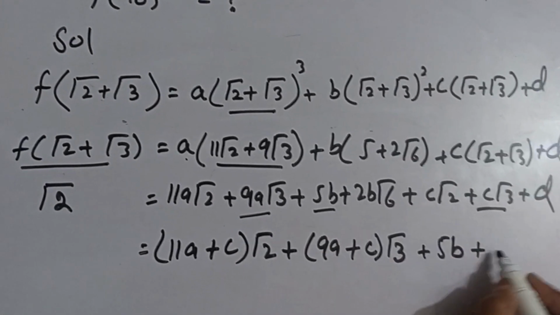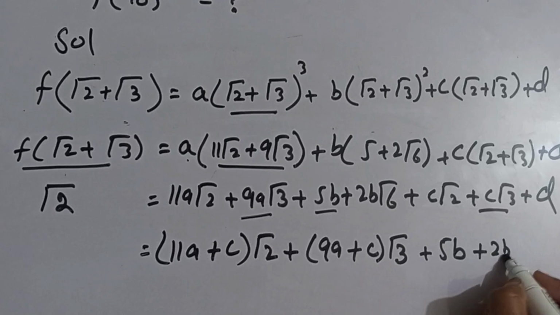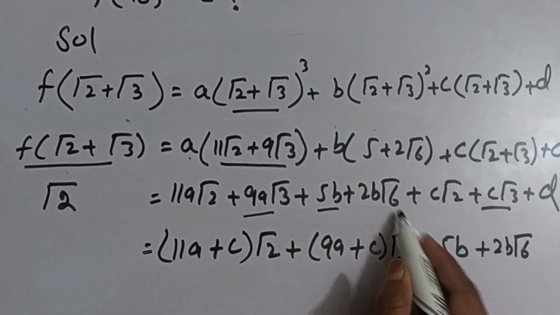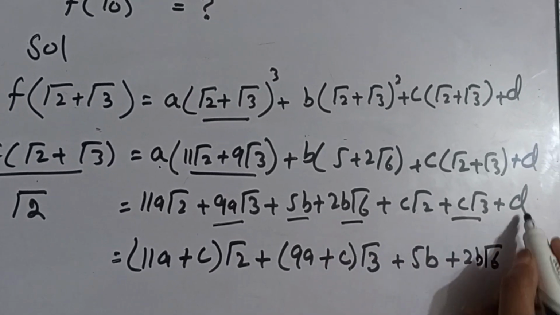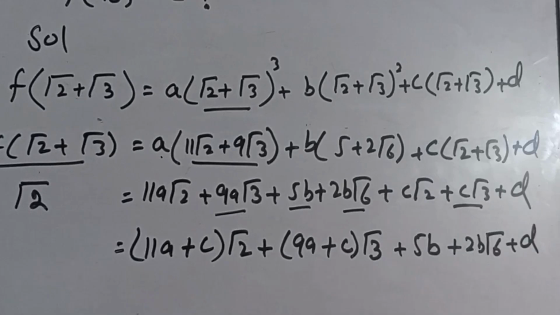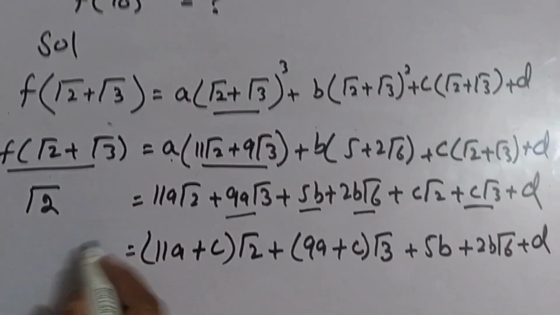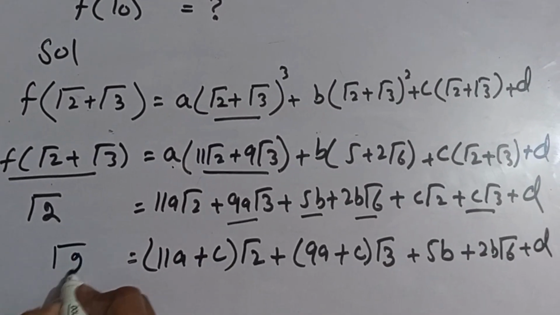The next term is 2b, multiply this by square root 6, and the last one is plus d. And the left hand side is square root 2.